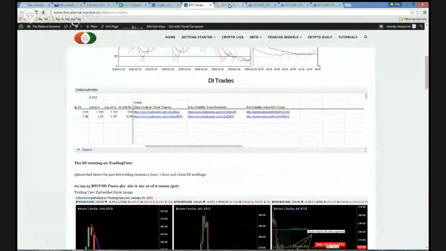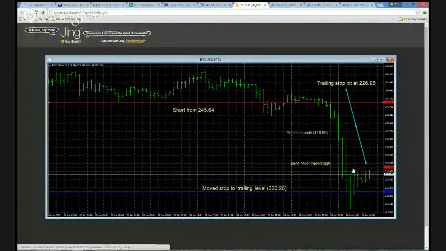And so on MT4, I go and I move the stop to just above this level, which you're supposed to do. And the bids and offers, the offer went up to my stop level. You'll notice the market never traded at this level, and yet I was technically stopped out. So that's something I have to work on, and every trader has to work on, with various different platforms and their vulgarities.